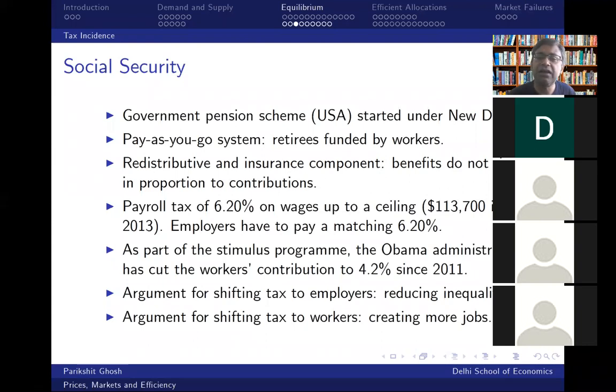Then the concern you raise is that if you shift taxes from companies to workers, there may be a fall in aggregate demand, and we may get deeper into the recession. That's the point you're making.